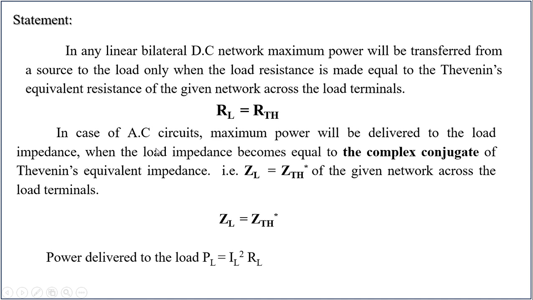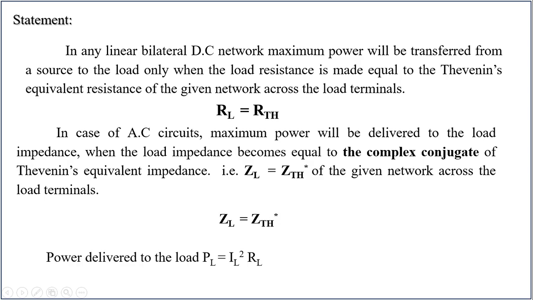In the case of AC, in order to deliver maximum power, the load impedance should be the complex conjugate of the Thevenin's equivalent impedance of that network. So these are the two statements, one with respect to DC, the other with respect to AC.